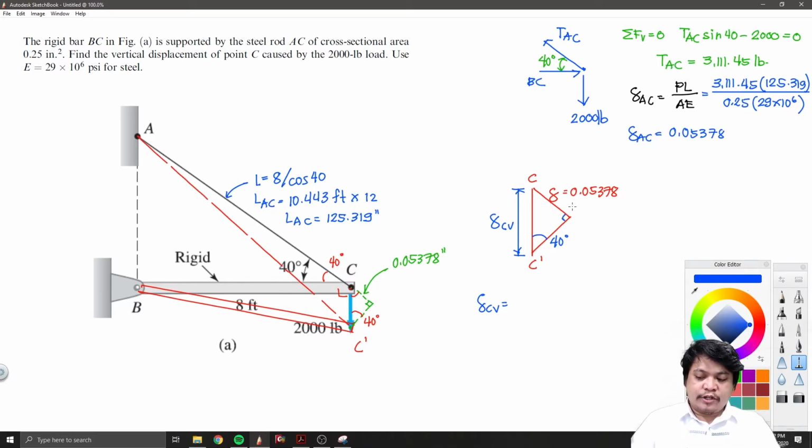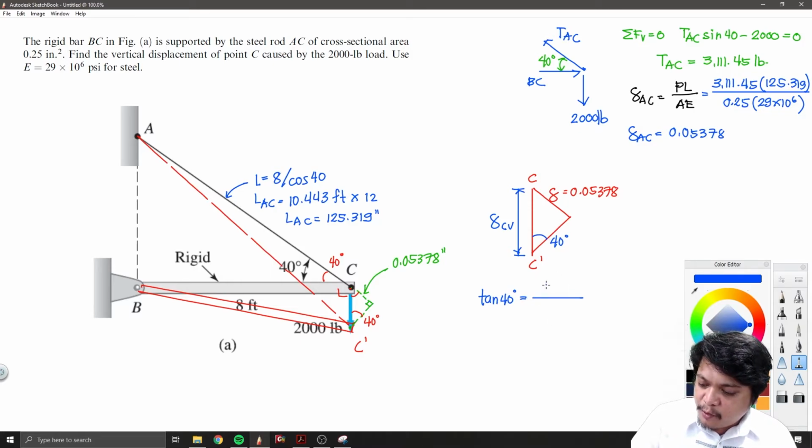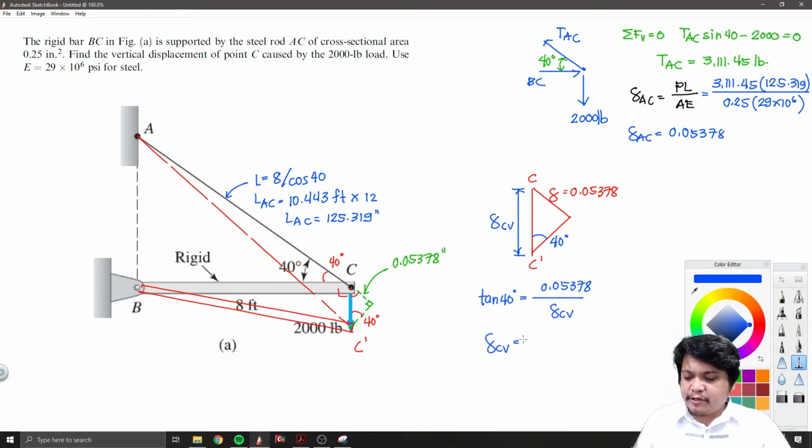Okay? So, if we need that 40 degrees, ano kayang pwede? Tangent function tayo. So, tangent of 40 degrees. Para di kayo malito. So, we will be having the opposite of 40. So, that is 0.05378 all over the hypotenuse, which is the delta CV. So, you have now the vertical deflection at point C as divided by tangent of 40.